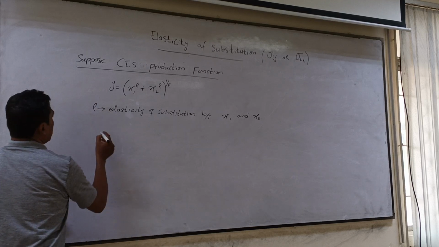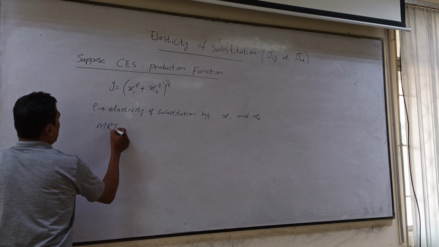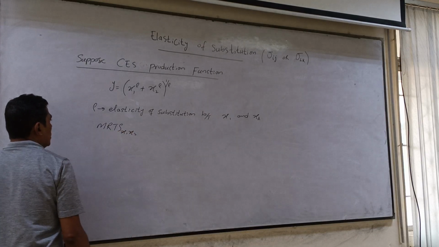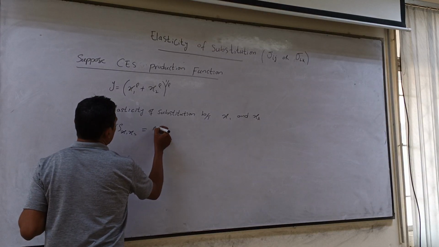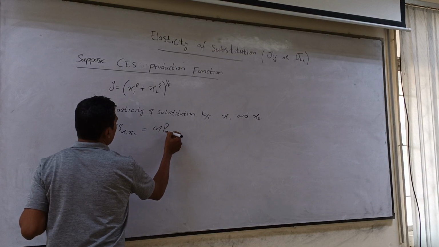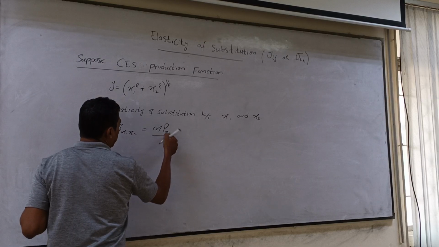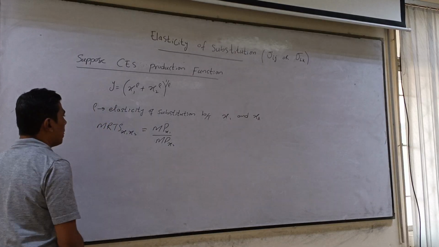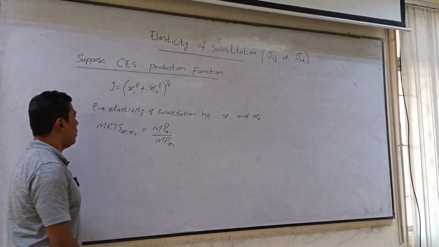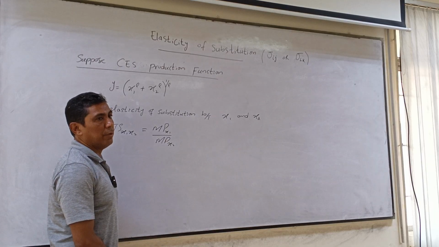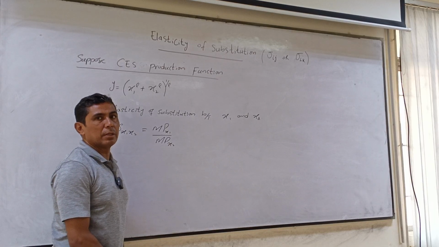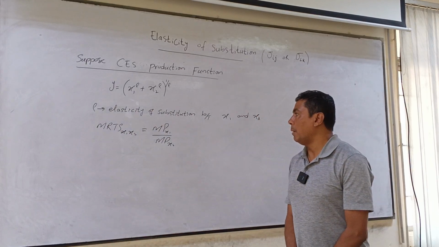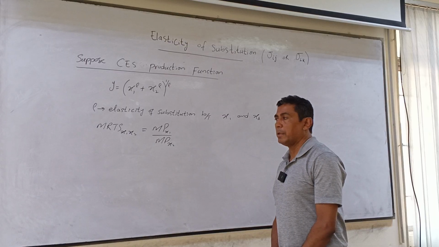Now, for example, we calculate the MRTS of x1, x2. Again, this one is MP of x1 over MP of x2. Marginal rate of technical substitution is the marginal product of labor divided by the marginal product of capital, MPL over MPK.